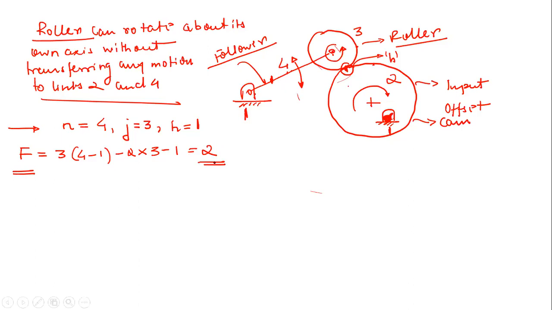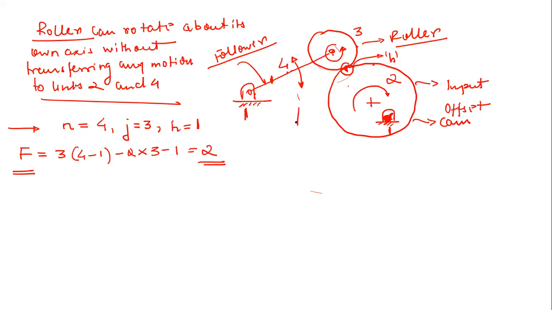So if you observe here, the degree of freedom which I calculated from the previous Kutzbach criterion is equal to 2, right? But we all know that if we provide the motion to this input link, the output is going to move in a unique and distinct way. This is very clear, right? In a cam and follower arrangement.